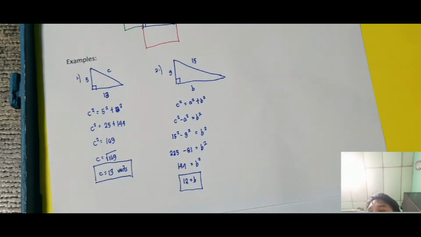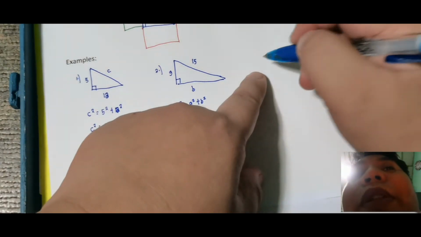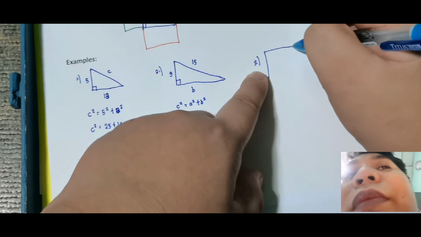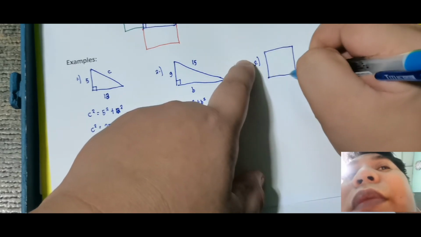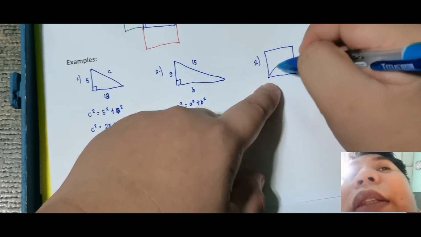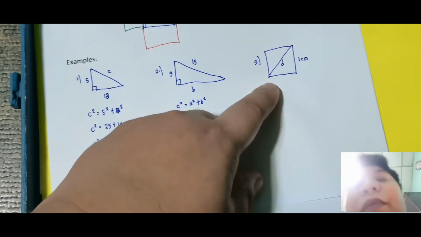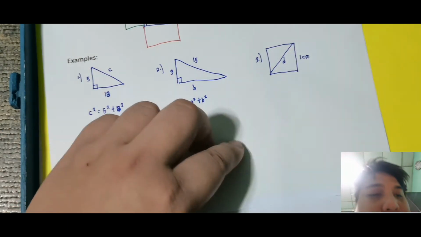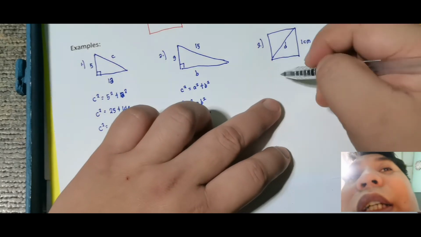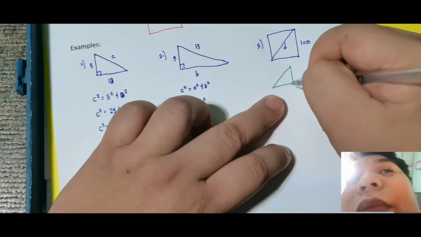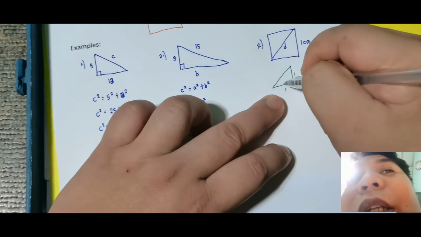Okay, then for letter C, let's say number 3, meron tayong square na kung saan ang side ay 1 cm. Find D, the diagonal. Obviously, ito yung right angle niyan. Ito ay 1, ito ay 1 pa rin kasi equal sila.